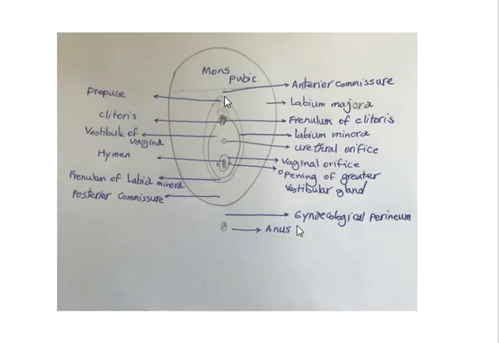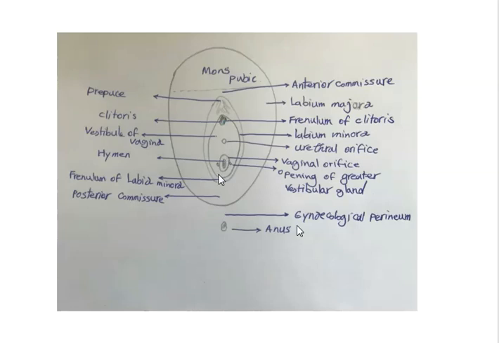The skin connecting the less prominent posterior ends of the labia is known as the posterior commissure. The area between the posterior commissure and the anus, this part that I determined by this arrow, constitutes the gynecological perineum, because this part is very important for the doctor in delivery.